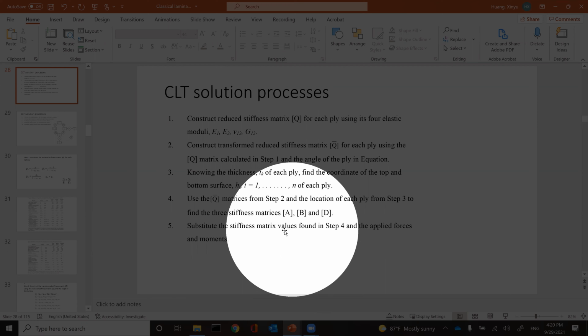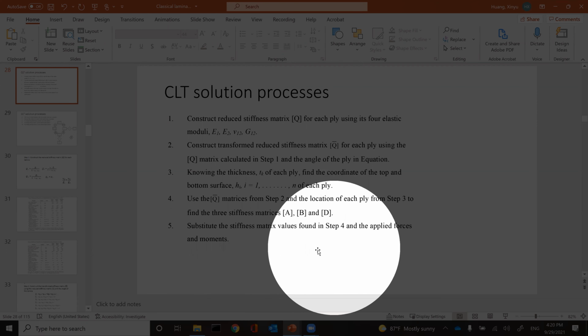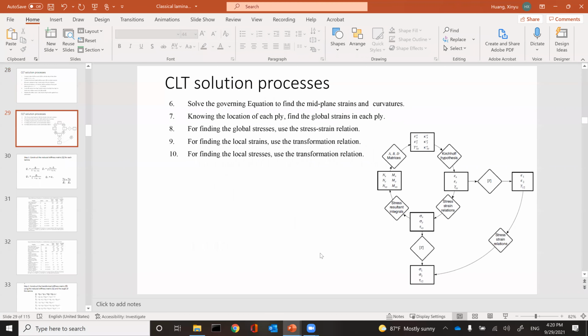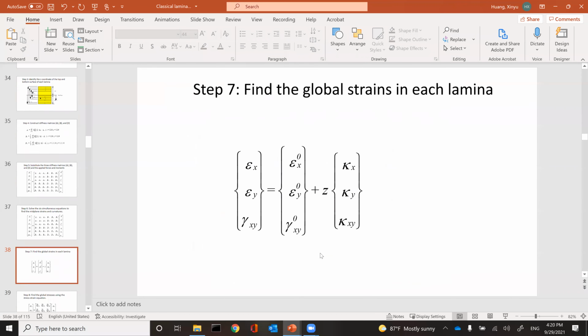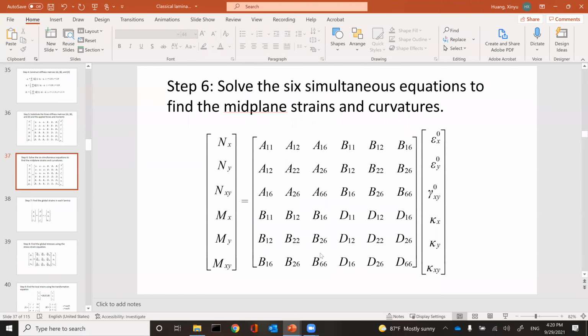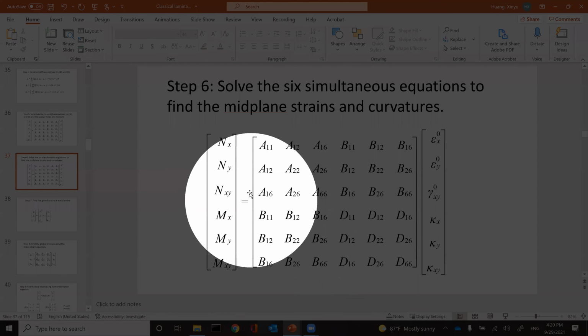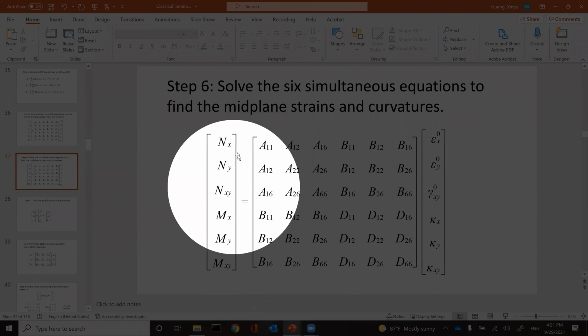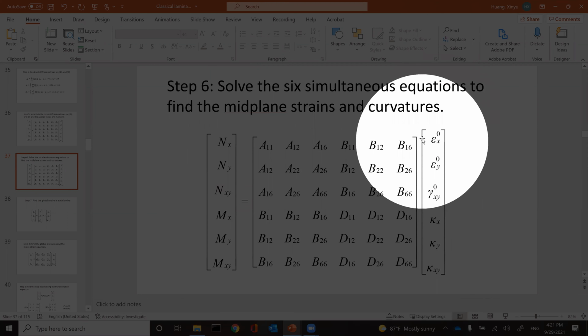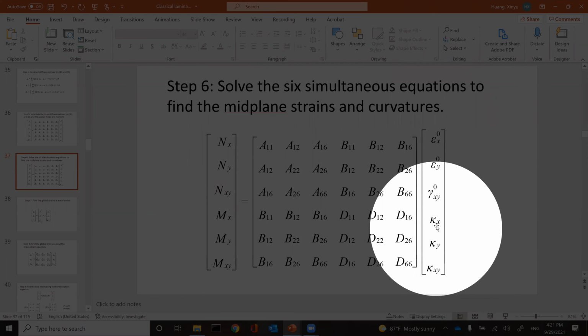This is basically putting ABD together with the loading. So what that means is, you get the ABD matrix figured out, and you figure out your loading matrix, and this is what you want to solve. This is the midplane strain. This is the curvature.